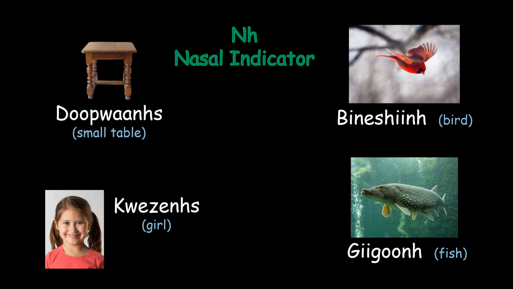Quezas is girl. We see the NH follows the E, telling us that that E is strongly nasal. Quezas. Beneshi is bird. The NH makes the double I, the E sound, strongly nasal.